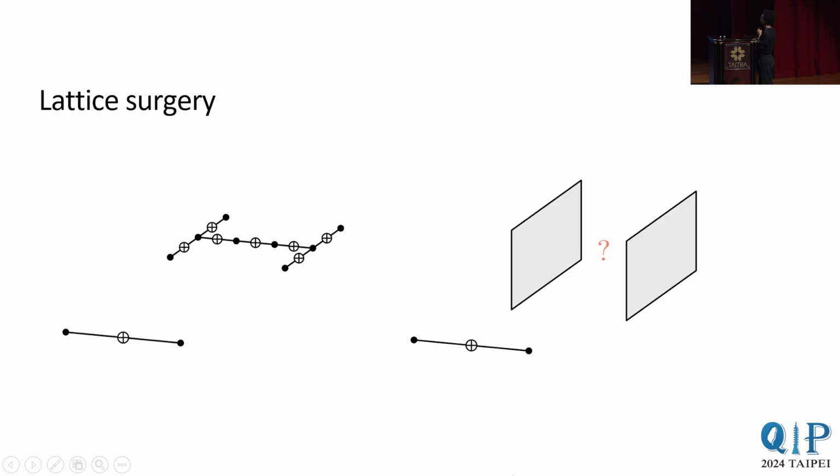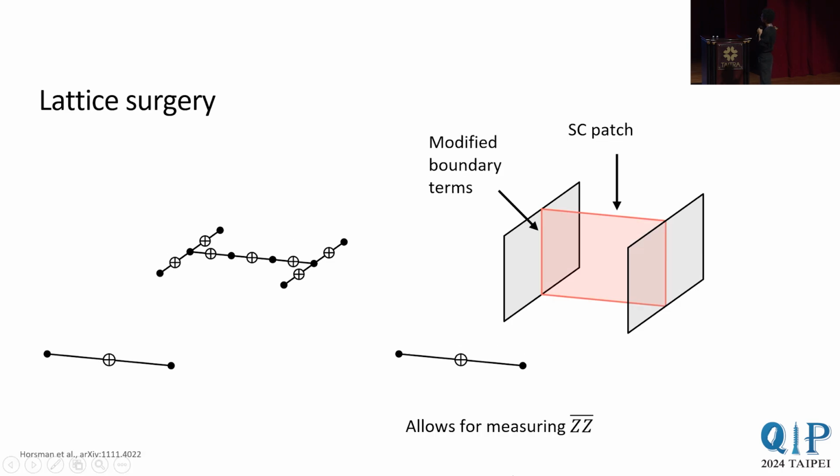operators. Great, so as mentioned before, the classical construction was: you have a ZZ check, you map each bit to a repetition code, and you can simulate this check with a repetition code in the middle. What is the quantum equivalent? Well, lattice surgery gives you an answer to that.